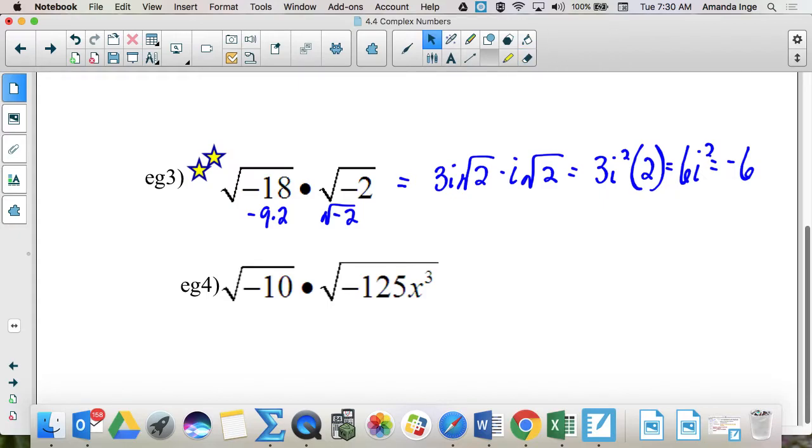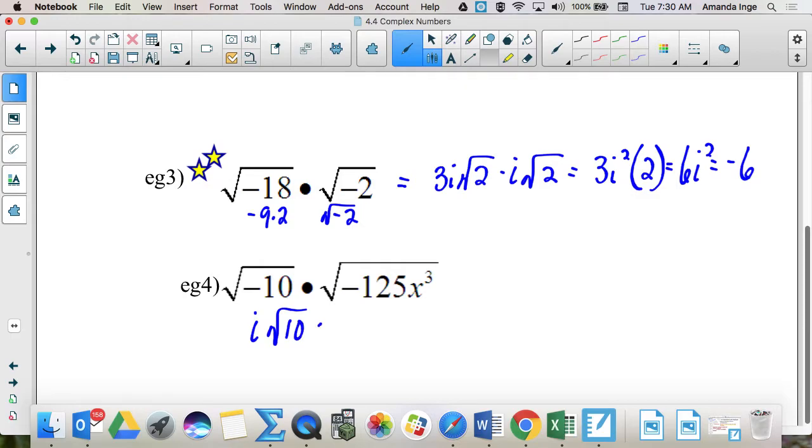On a problem like this, once again, this is i square roots of 10 times, well, this is negative 25 times 3. So this is 5i square root of 3x and x.